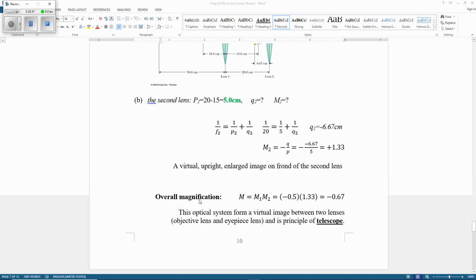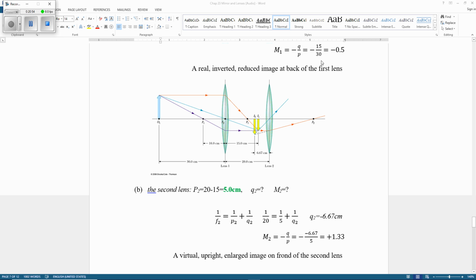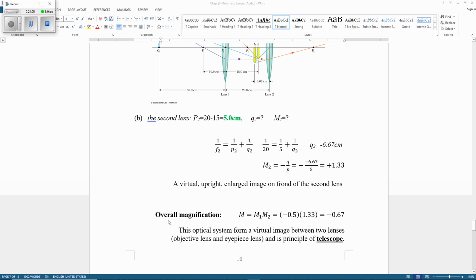So now let's see the overall magnification. The first one makes the image smaller, reduced to half. The second one makes it a little bigger, 1.33. So the total magnification equals M1 times M2, negative 0.5 times 1.33, which gives you negative 0.67.